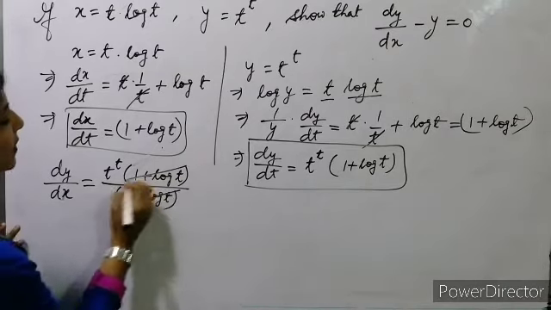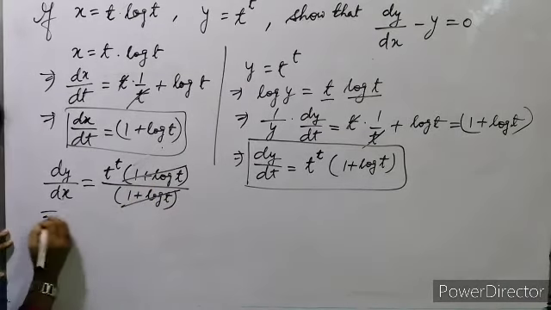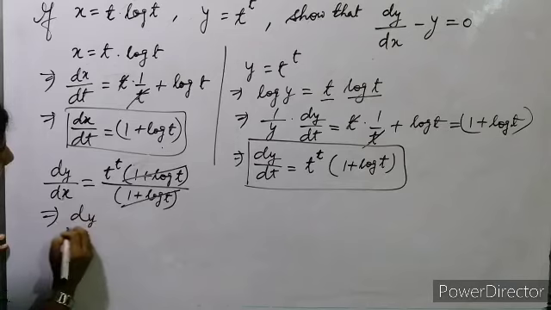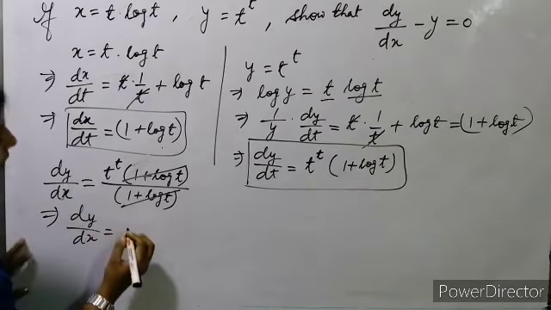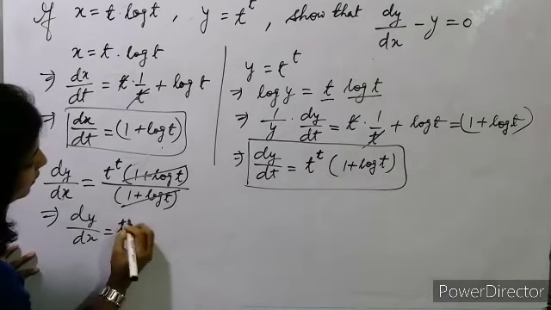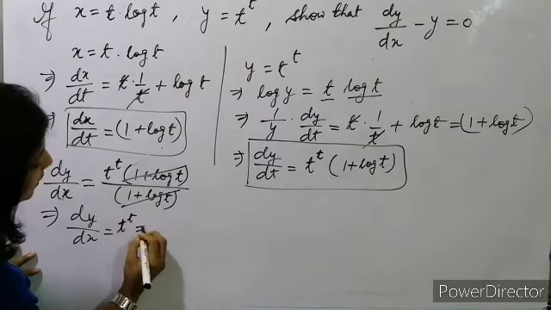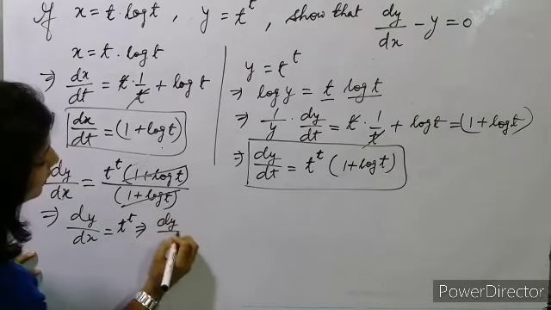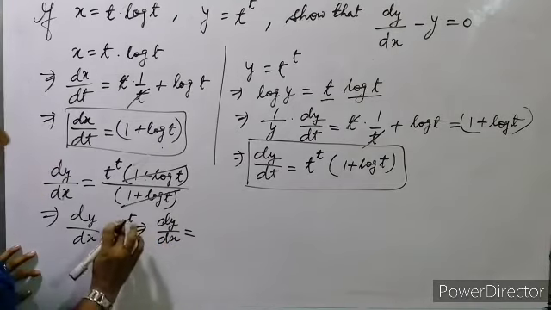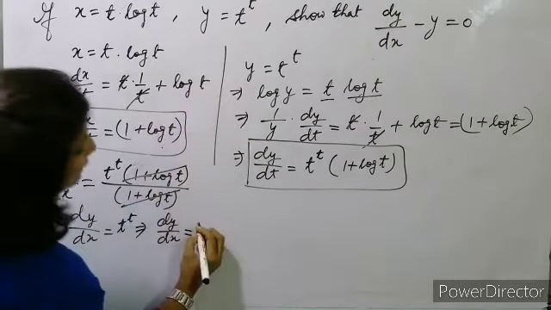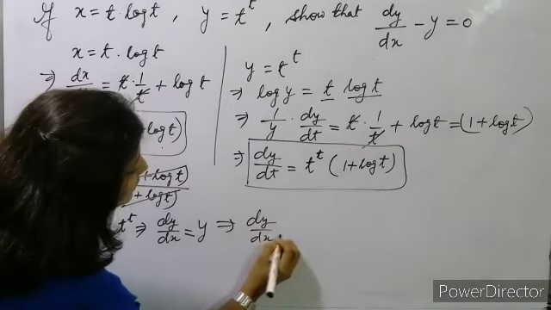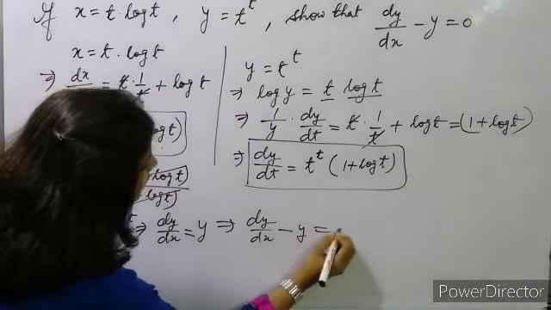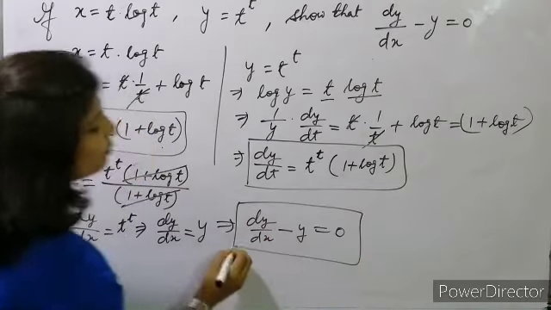Okay, so this will be cancelled, and the value we are getting is that dy by dx will be equal to t to the power t. So t to the power t, it means we can write dy by dx is equal to t to the power t, which is the value of y, so dy by dx minus y is equal to 0, hence proved.